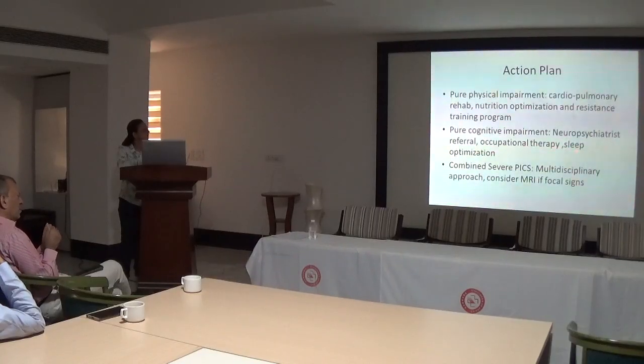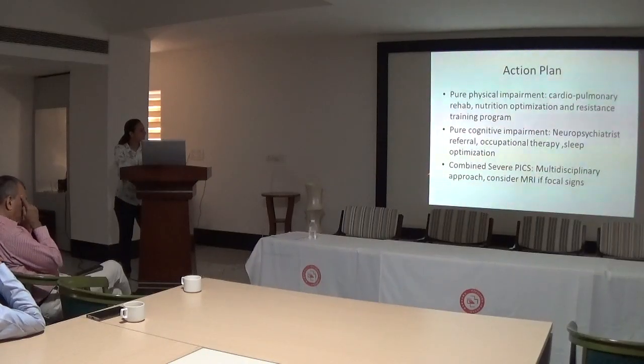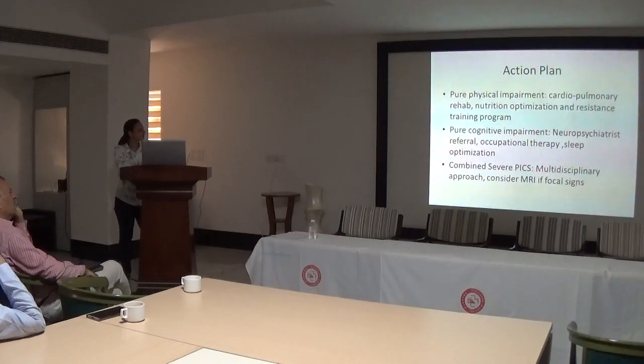You have sleep optimization, and cognitive behavior therapy also helps. Again, a counselor will definitely help. For combined severe fix, you need to involve multiple people and consider MRI. If there are focal signs, you see rigidity, gait imbalance, you need to go for an MRI.